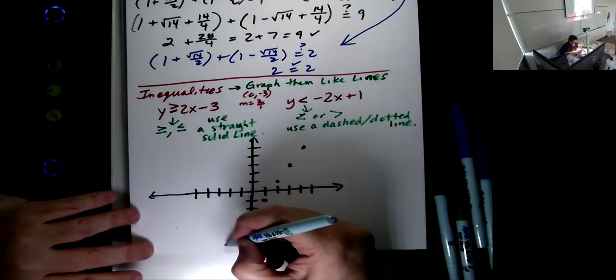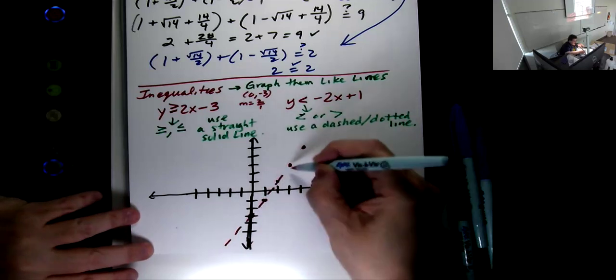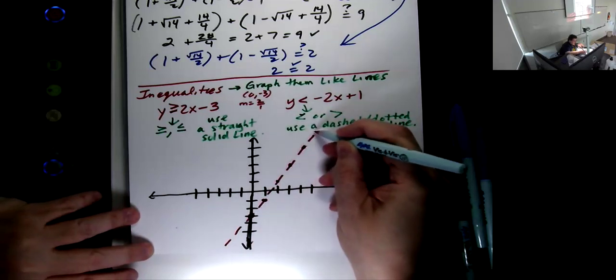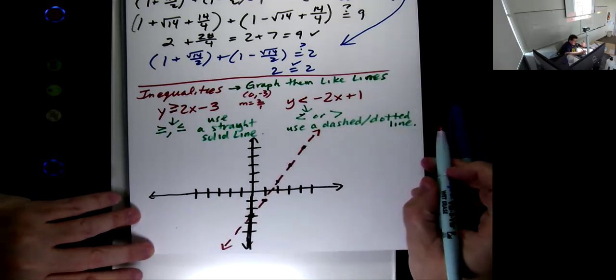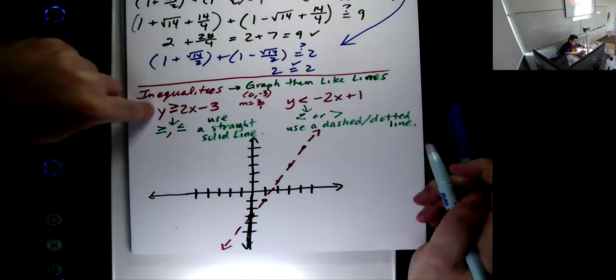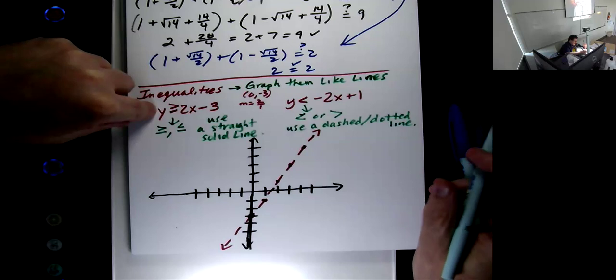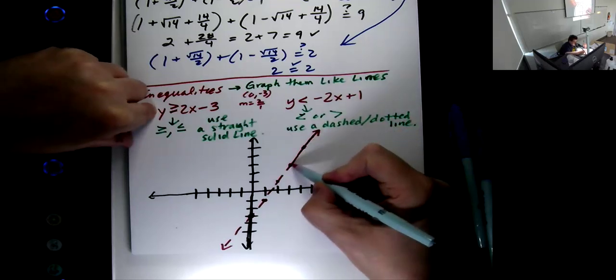Now you can never go wrong just starting with the dash, just to make sure. But this one does have an equal sign, so I don't need a dash. I'm going to fill in the gaps in the dash line and just make it solid.